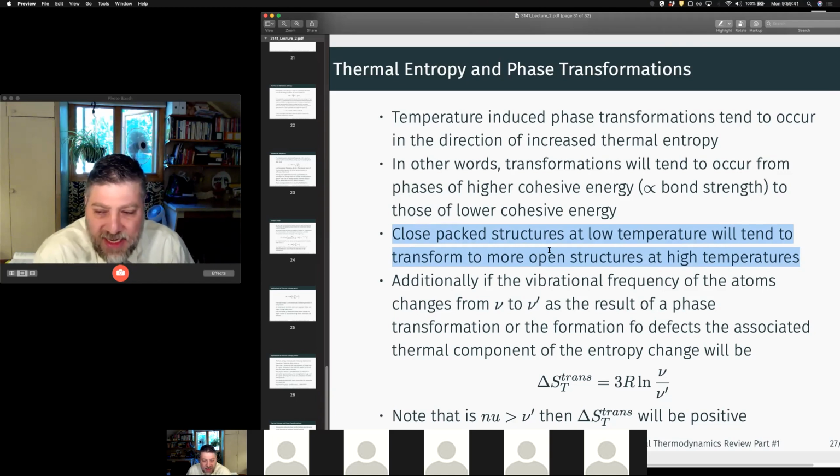Right, alpha titanium is hexagonal close packed. What happens when we increase the temperature? Right, we go to BCC. So we tend to go to slightly more open structures at high temperatures.